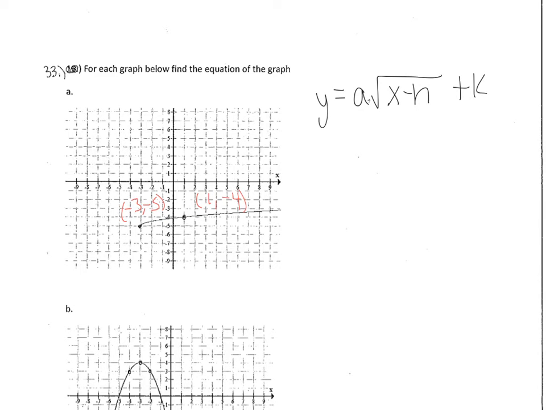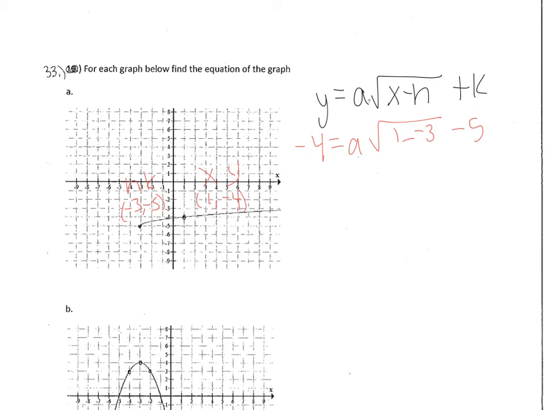I'm going to plug everything in. So I have -4 equals a square root. This is x and y. This is h and k. So it's 1 minus -3, minus 5. I finished solving for a.